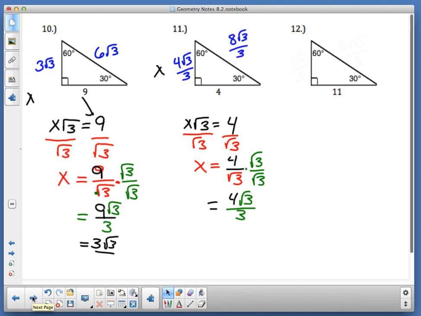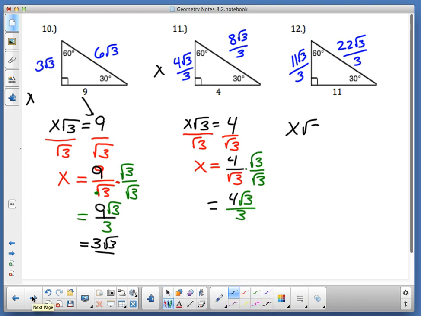So now, without using the math, can you identify the pattern? It'd be the longer leg times the square root of 3 divided by 3 is my short leg. And then I double that, and I get 22 the square root of 3 over 3. And that's a 30, 60, 90 triangle pattern. Okay, you can still totally go, hey, I got this, x times the square root of 3 is equal to 11, and then you could divide by the square root of 3.